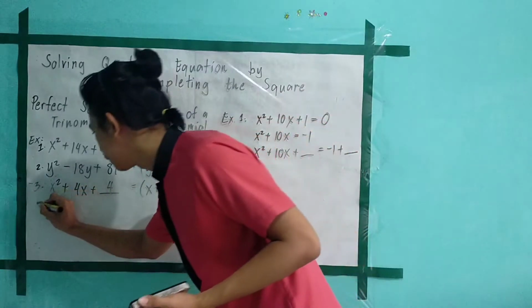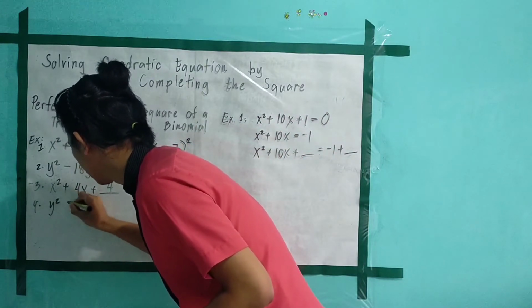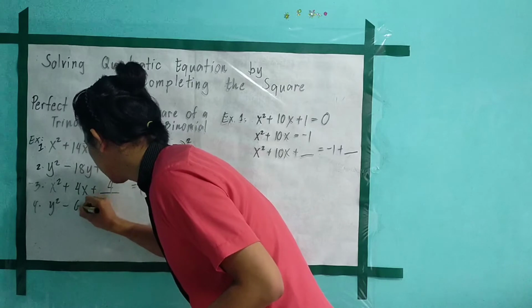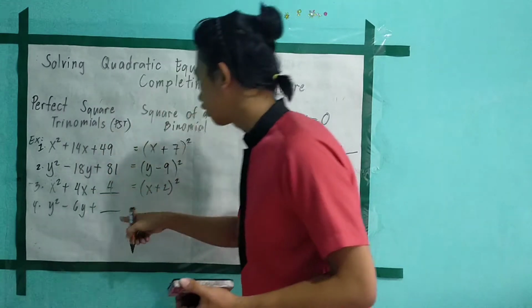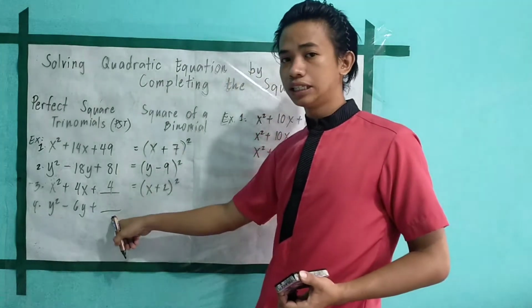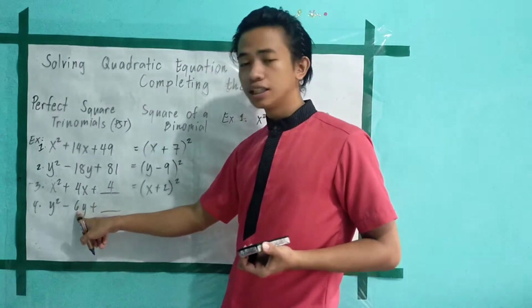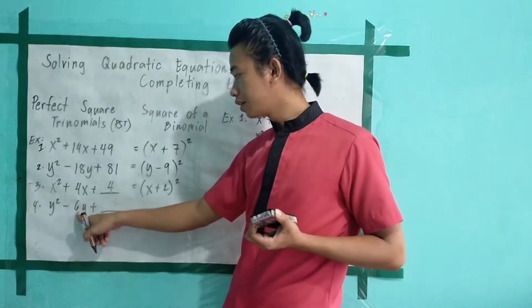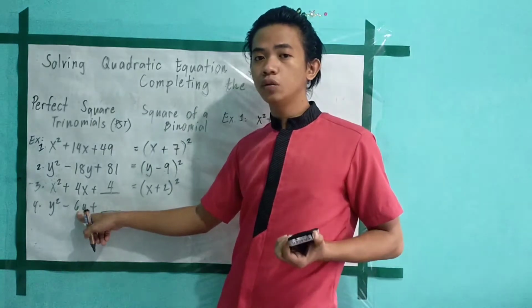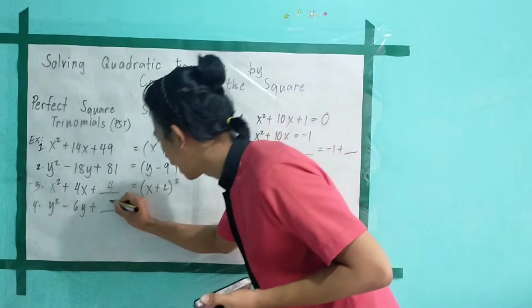Another example, example number 4. y squared less 6y plus blank. Ano nga ba yung dapat na nasa blank natin para maging perfect square trinomial? Again, divide lang natin siya ng 2, then square natin. So, 6 divided by 2, we have 3. 3 squared, magiging 9.